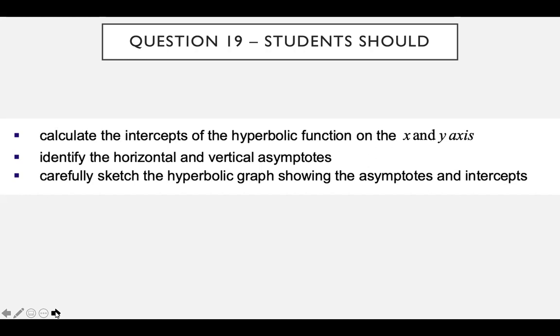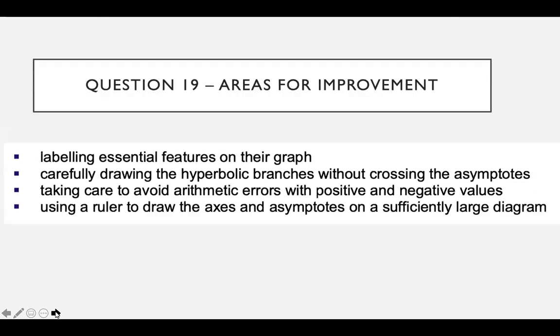We'll come back to that in a minute. They were also asked to carefully sketch. And so there was an element where we cared about the quality of the sketch there, making sure that the important information was there. And so as we work through this question, the feedback from our marking team was that significant areas for improvement included students who forgot to label essential features on their graph.